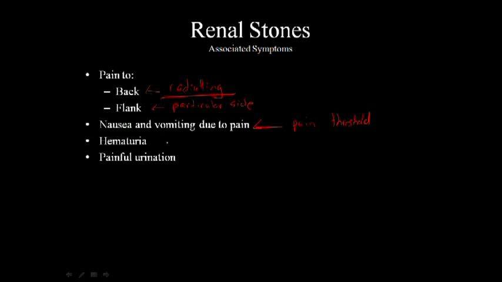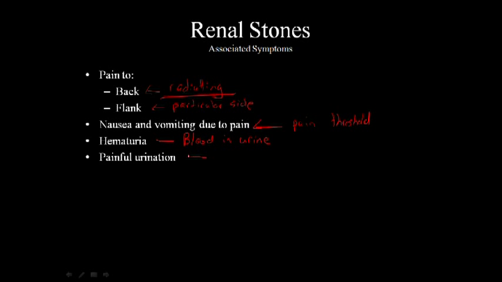Hematuria, once again, blood in the urine. That's one of the most telltale signs. A lot of times it provides an excellent indicator that the stone is trying to move or progress, because it's kind of ripping and tearing its way down. And then also painful urination.